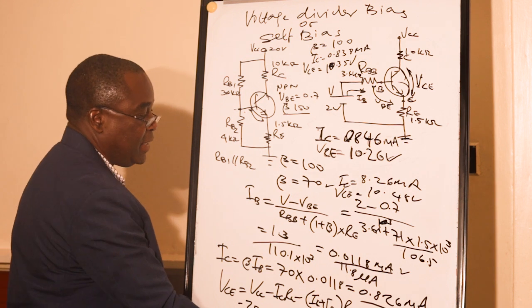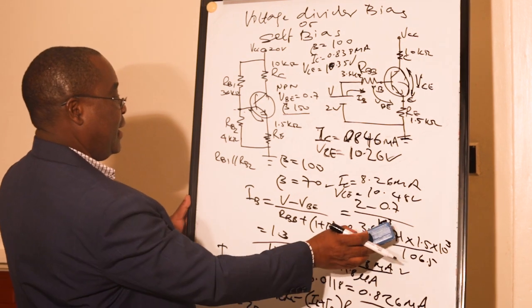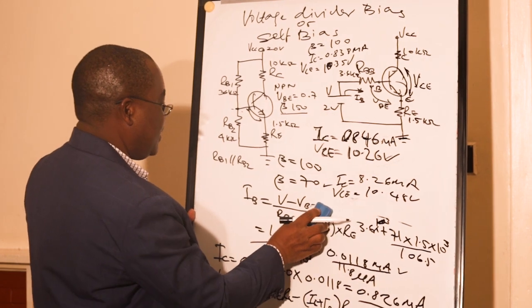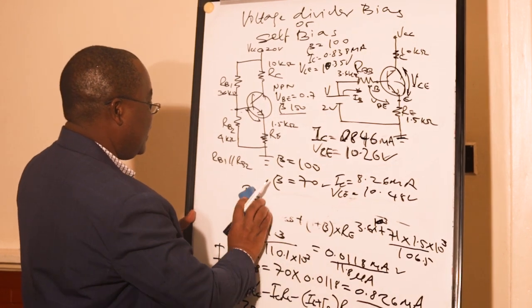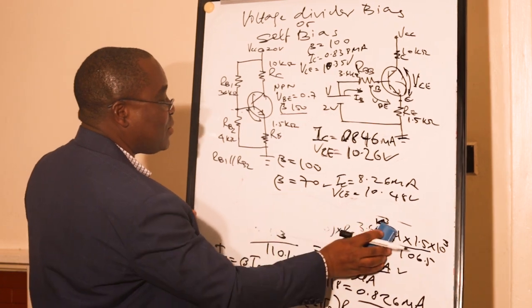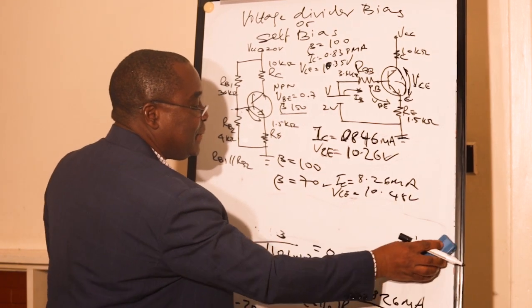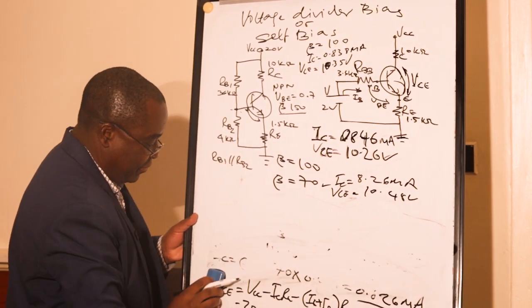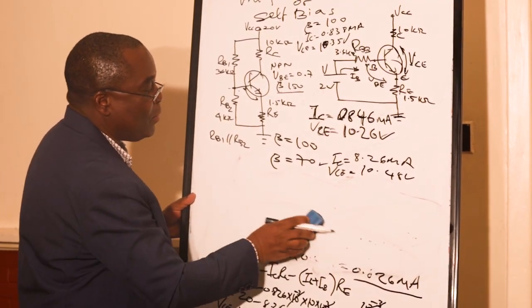so we can see the values clearly and see our comparison when we say a voltage divider bias or self bias is stable.